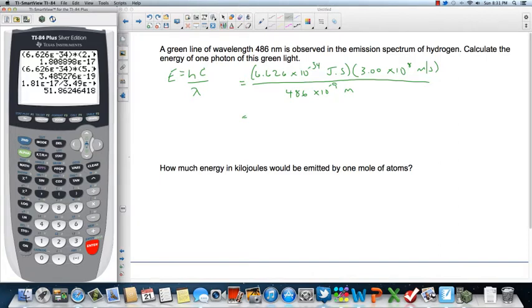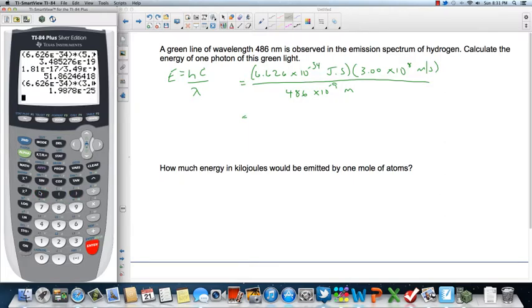So we'll open parentheses, 6.626 times 10 to the negative 34th joule seconds times, open parentheses, 3.00 times 10 to the 8th.